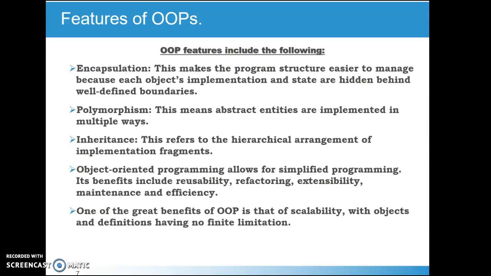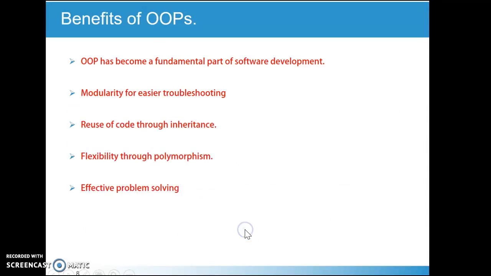One of the greatest benefits of OOPS is scalability, with no definite limit. We can modify the code from time to time and extend it, so there are no such finite limitations.